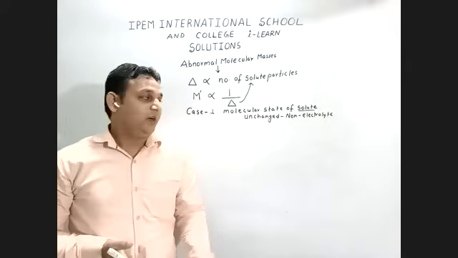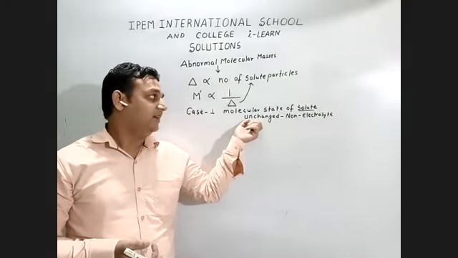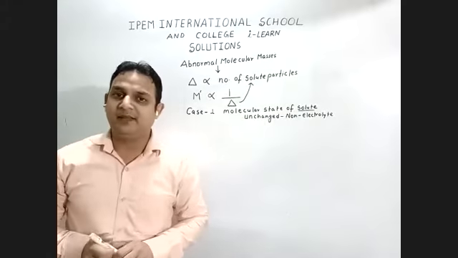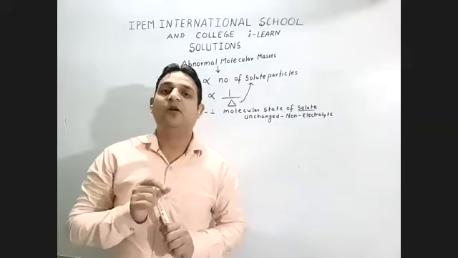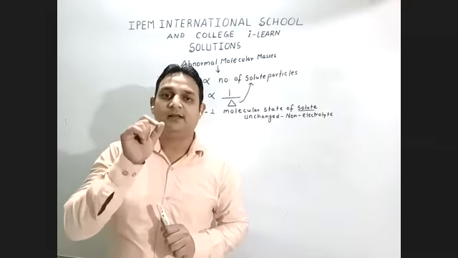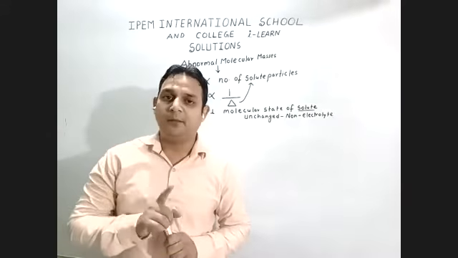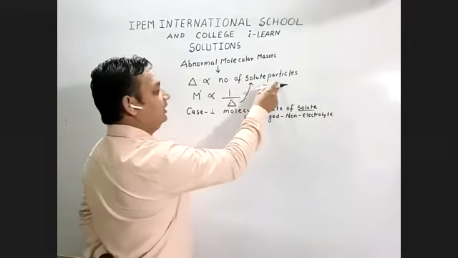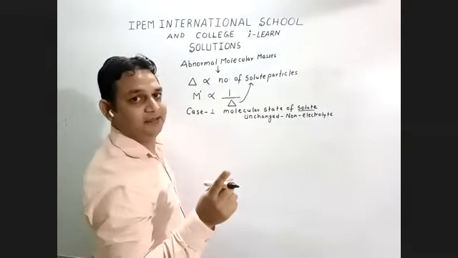All right. When the solute remains unchanged in its molecular state, what does it mean? It means it is neither associating nor dissociating in the solution, which means the number of solute particles present in the solution will remain the same.